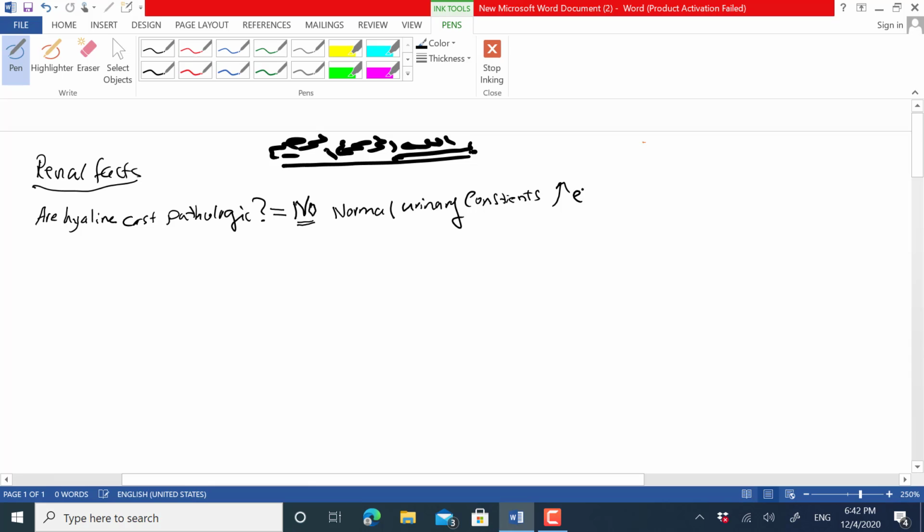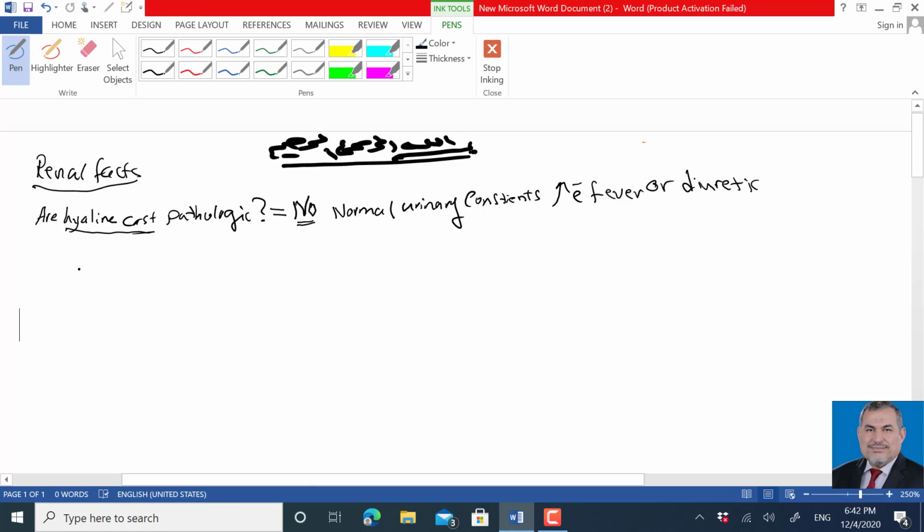Increased with fever or after diuretics. Okay, so hyaline casts are not pathogenic.